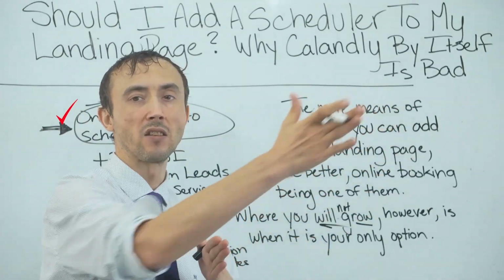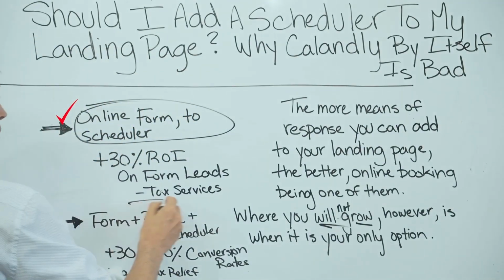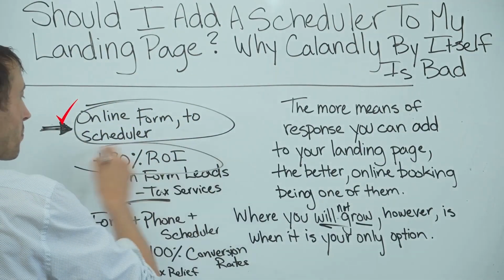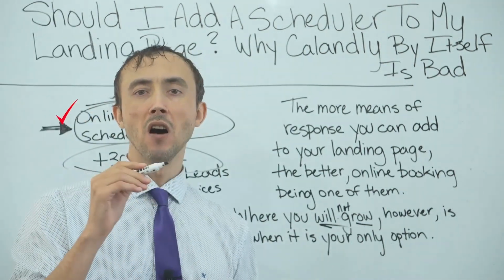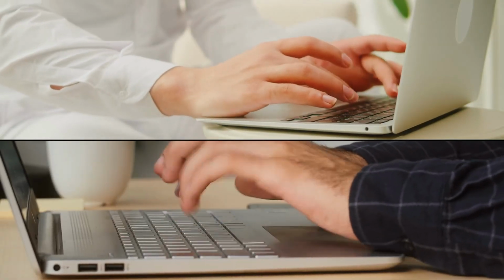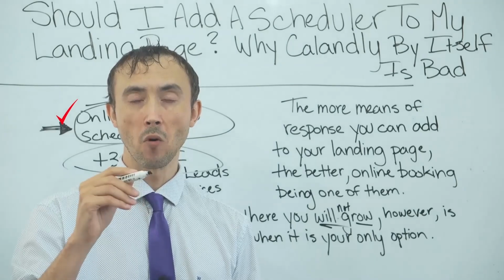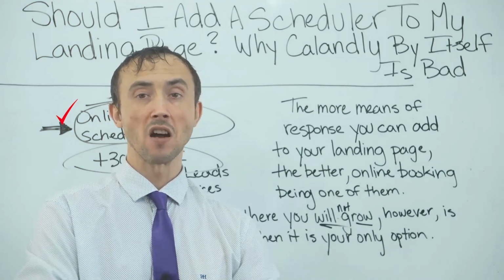You just bypass the entire sales process, which in and of itself is going to give you about a 30% increase in ROI from your ad traffic, because as you probably know, or should know, there are only so many people who fill out the form that you're going to be able to reach. Now, you're going to reach a lot more of the form leads you get by calling as soon as possible from the time the form lead comes in, which I've talked about many times.